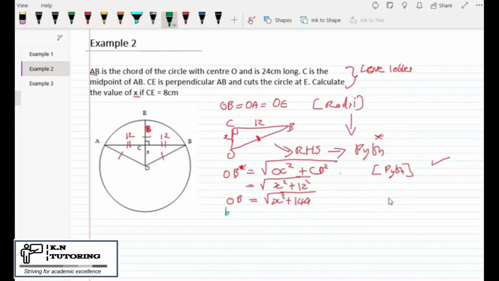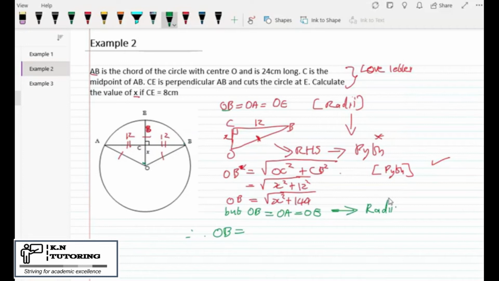But what is OB equal to? OB is equal to OA, which is equal to OE. These are what we call radii. Therefore, OB is equal to OE.